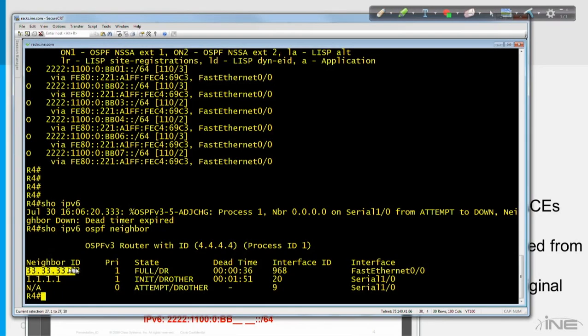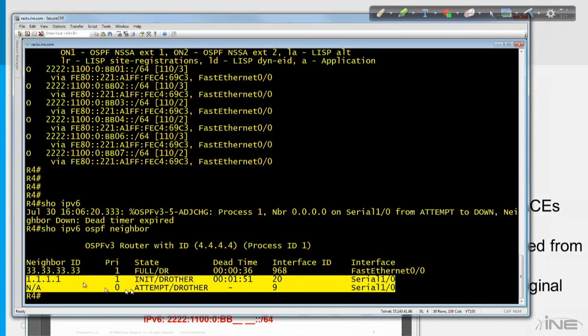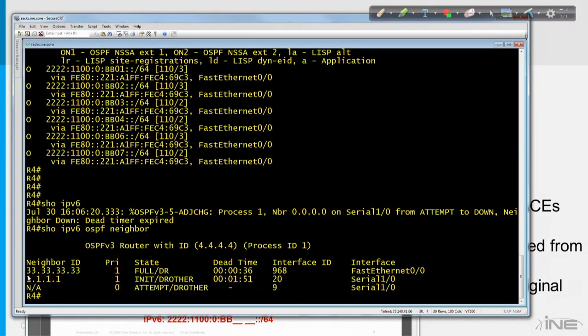Okay, it looks like he does. Oh no, that's switch 3. So out of my serial here, I should have a couple of neighbor relationships, but I don't. Clearly there's a problem with my neighbor relationship with router 1, and I assume this would be my IPv6 neighbor relationship with router 3, but that's not working.